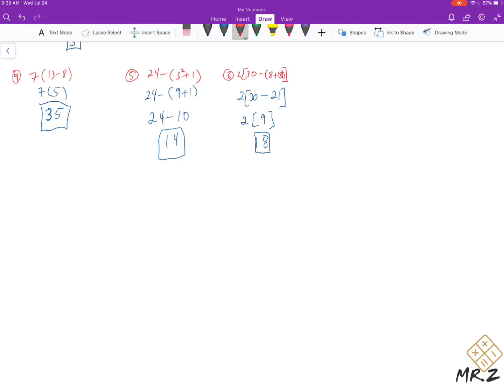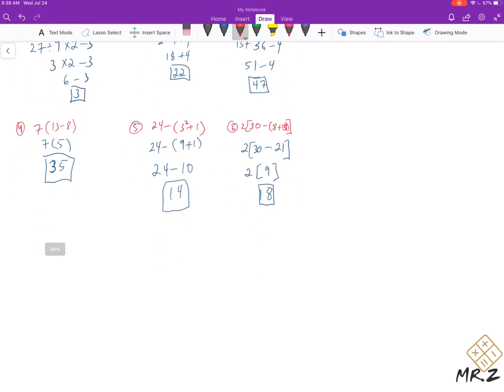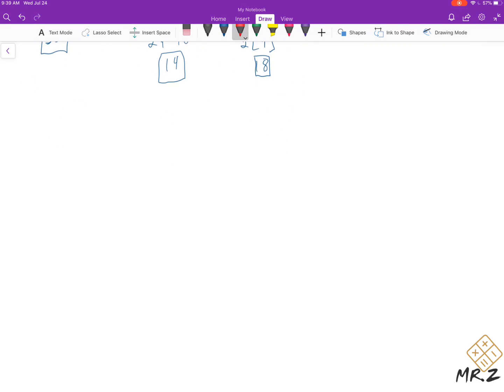Now let's deal with algebraic expressions. So far we've just been dealing with numerical expressions because there are no variables. If you look at 1 through 6, we haven't included any variables in any of these expressions. Now let's gradually add some variables and see how we deal with expressions that include them. Let me write an example.